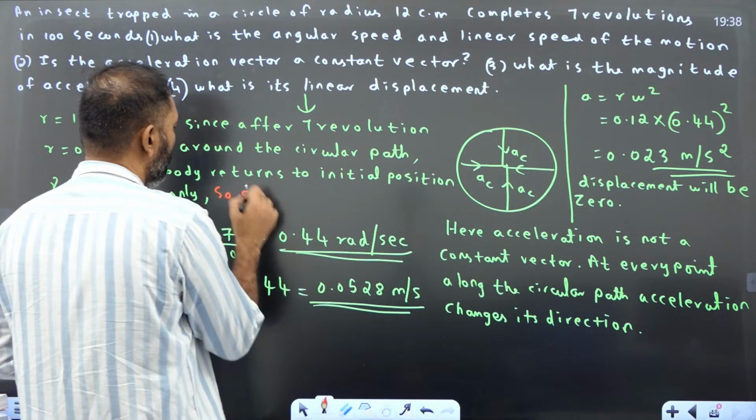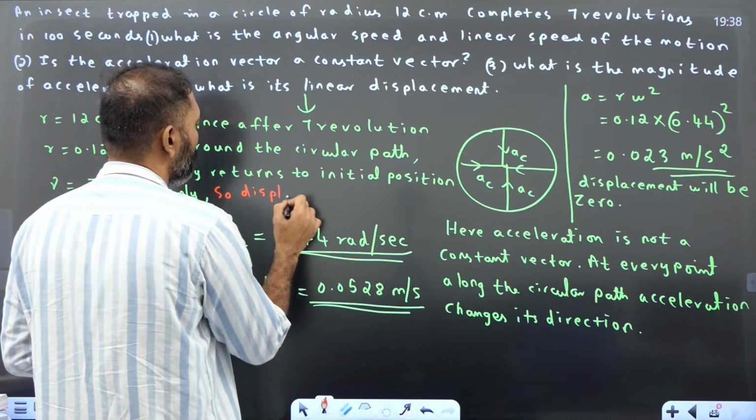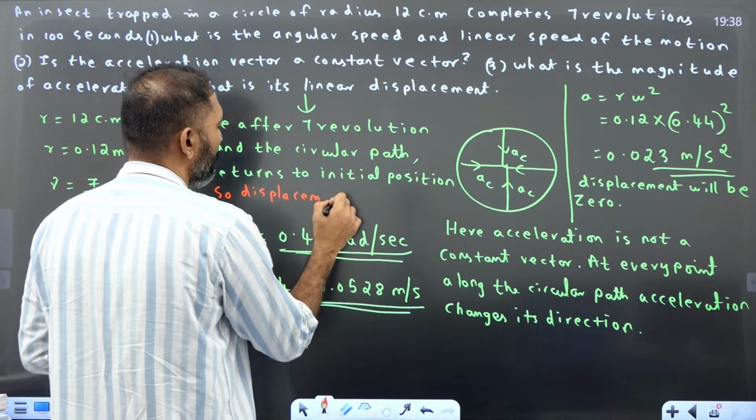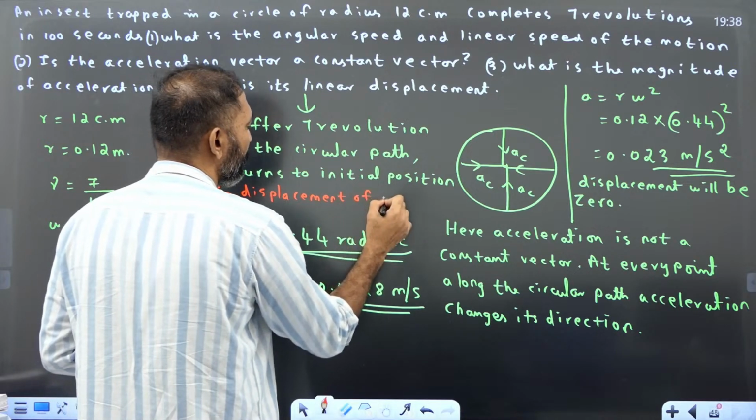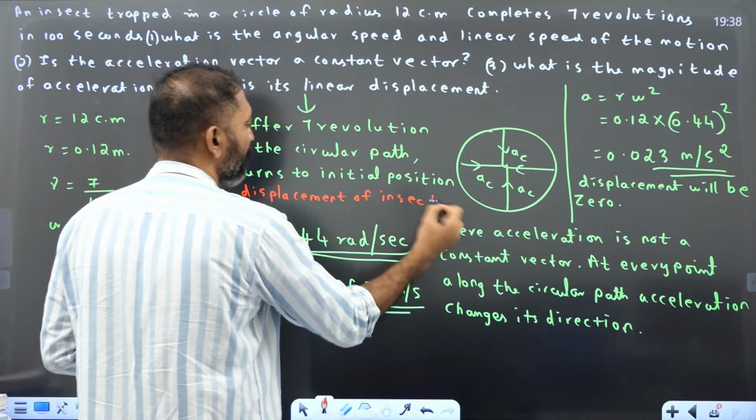So displacement of the insect will be 0.